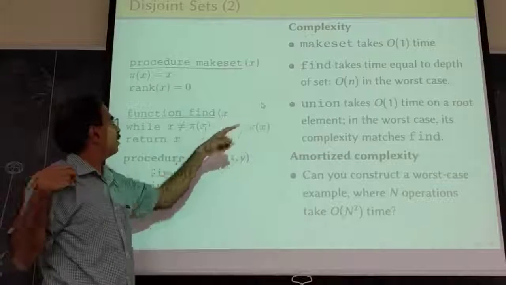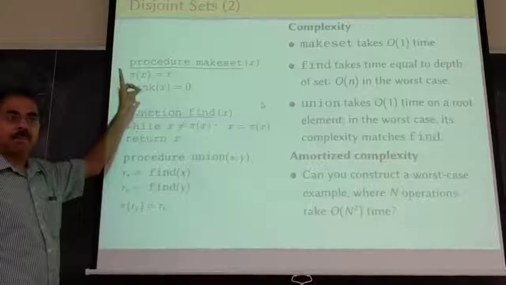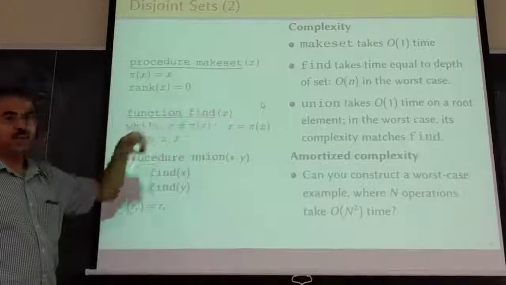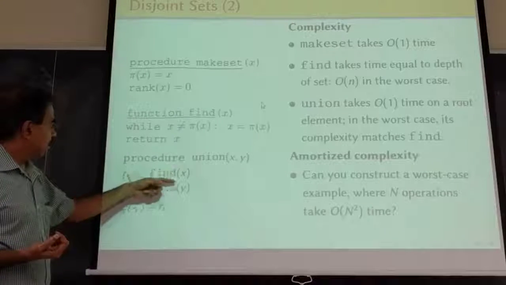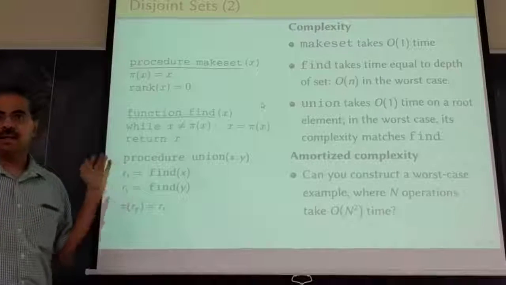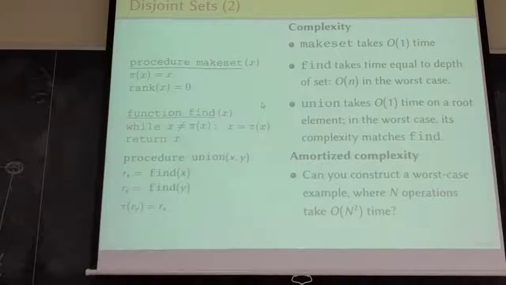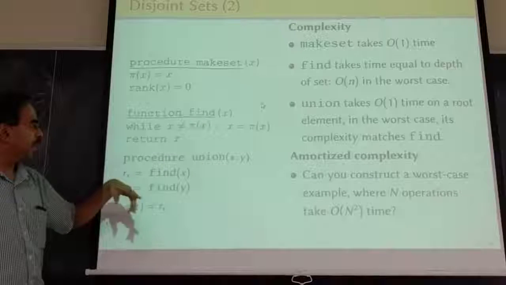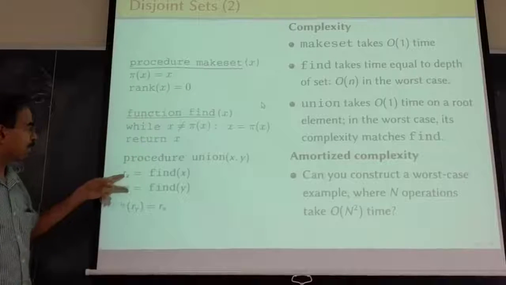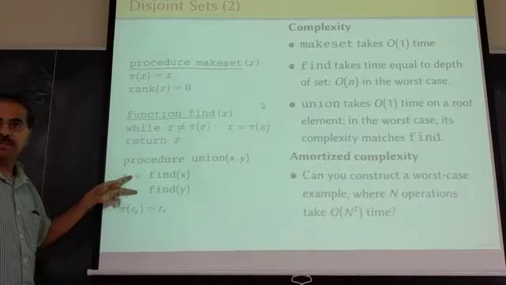It's clear that find, because you have to chase the pointer path all the way to the root, is going to take time proportional to the length of the path from root to leaf, right? Now union takes O(1) time if you ignore the find. From here on, you'll just ignore the finds included in union, because you can limit union always to be performed on the root nodes by simply adding 2 more finds in front of them.